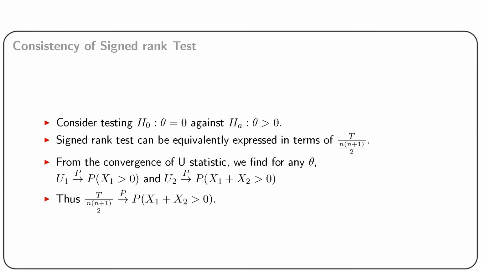Again, n choose 1 divided by n into n plus 1 by 2 tends to 0 and n choose 2 divided by n into n plus 1 by 2 tends to 1 as n tends to infinity. Thus, combining all these, we find that for any theta, T by n into n plus 1 by 2 converges in probability to probability x1 plus x2 greater than 0.